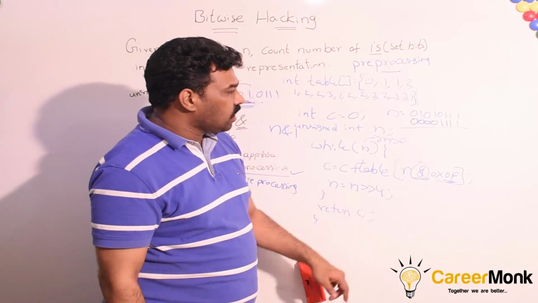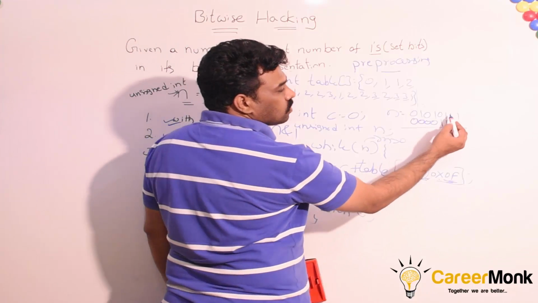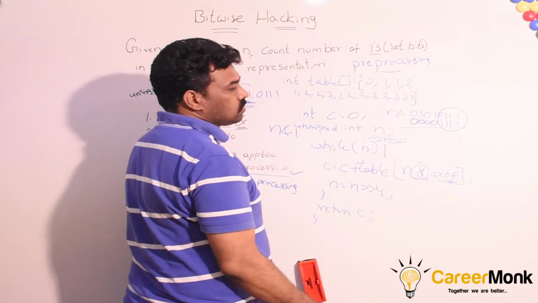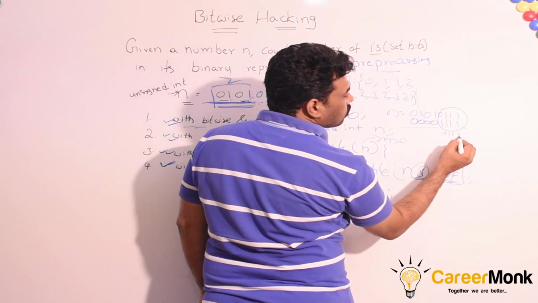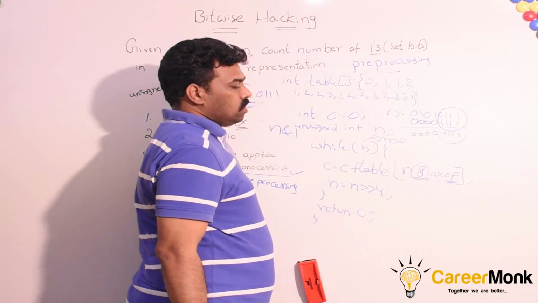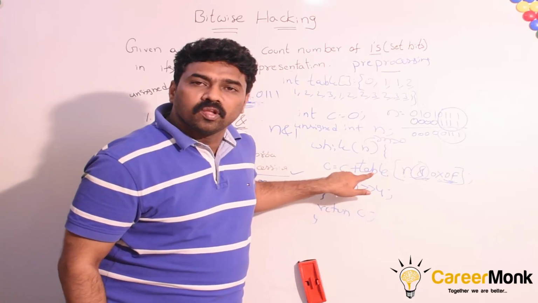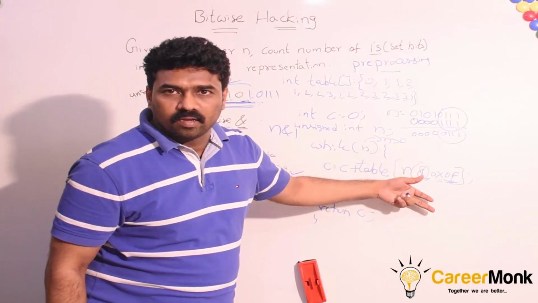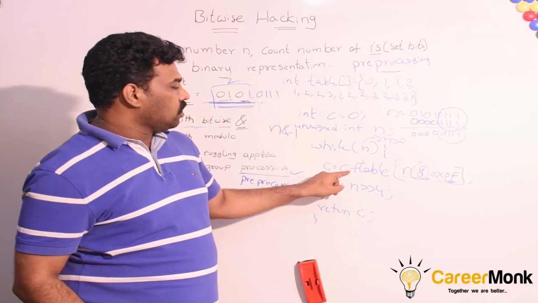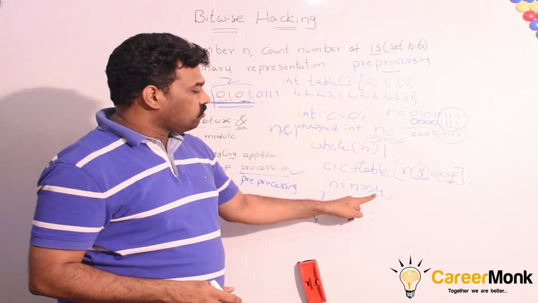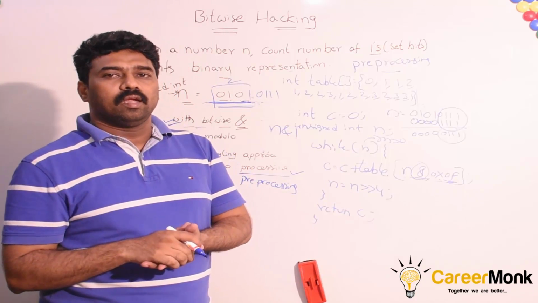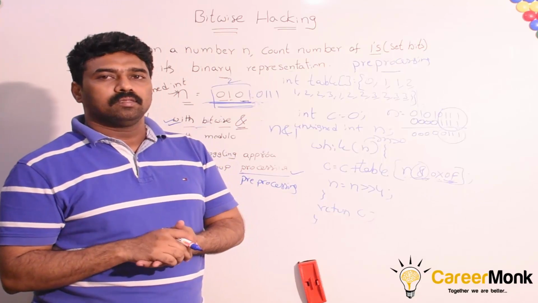So what is the value here? It is 7, and we are indexing into the table T of 7. The value we have already seen is 3, so we add it to the counter. And we shift the current value of n by 4 bits to the right, that means 4 right shift operations.